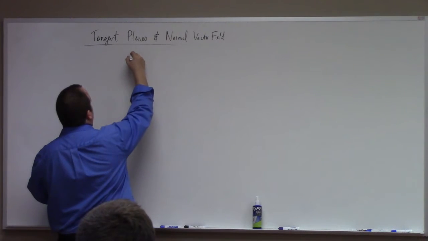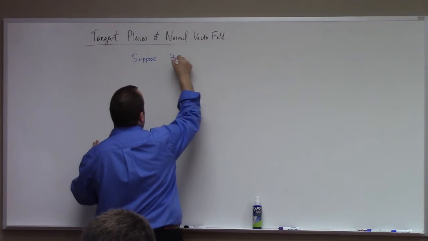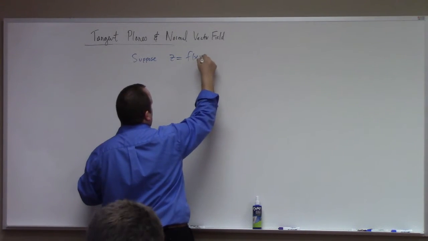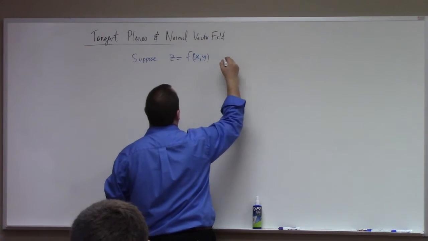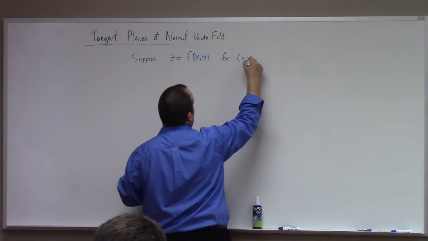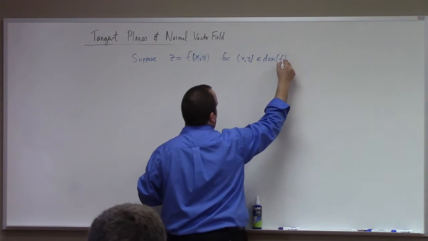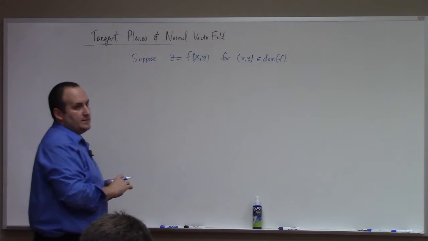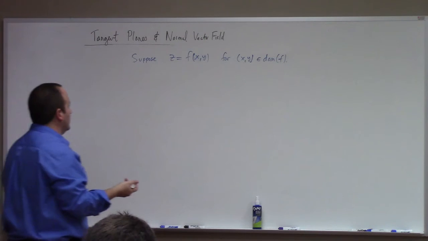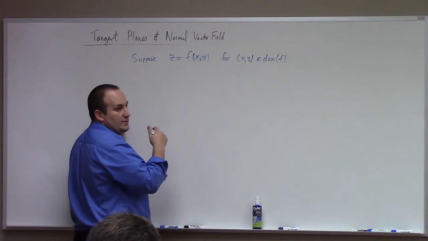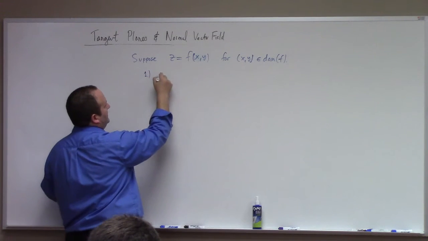Okay, so here's our starting point. Suppose z is equal to f of x, y. Some graph, right? So let's say x, y in the domain of the function. I want to figure out what's the normal vector field of that. There's two ways I can go. I can convert it to a level function.